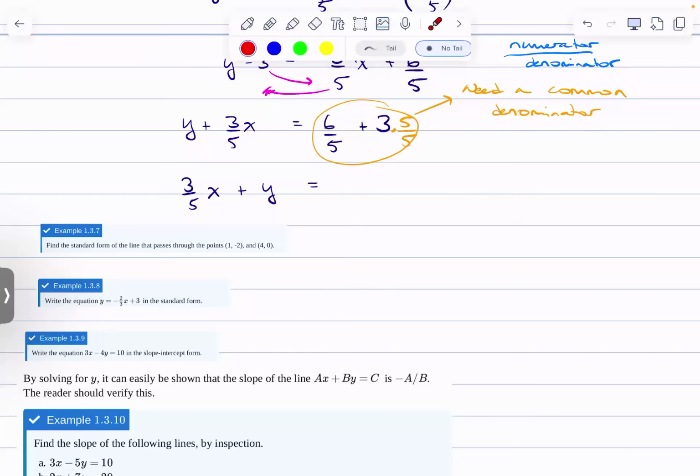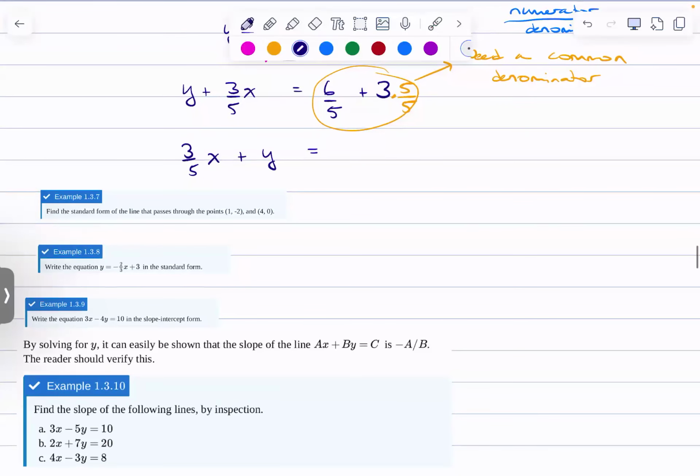We don't want to alter anything because we have an equal sign to tend to here. But that means we have 6 over 5 plus 15 over 5. Now I have a common denominator, and now I'm allowed to add those numerators and put them over the common denominator.